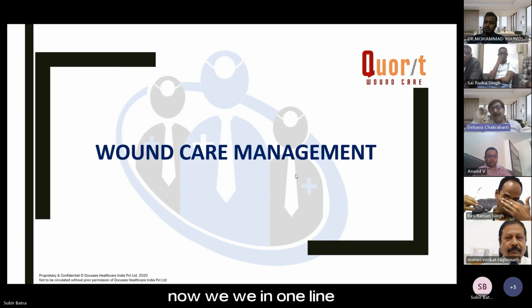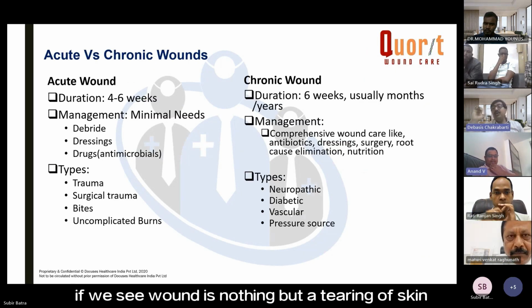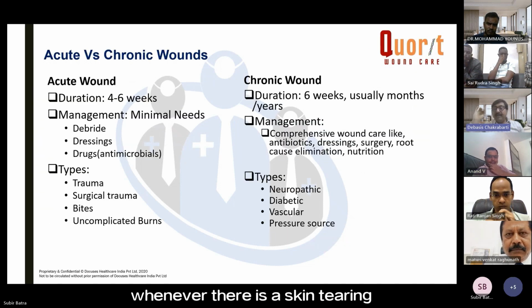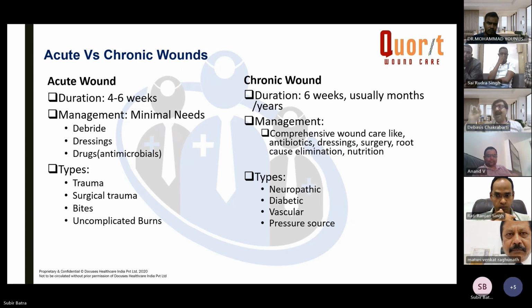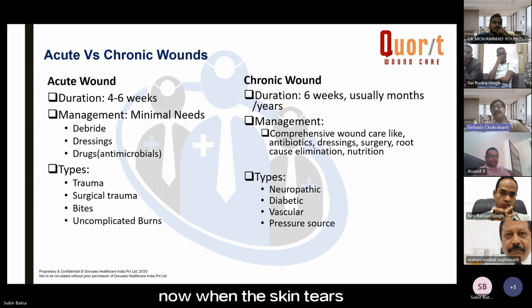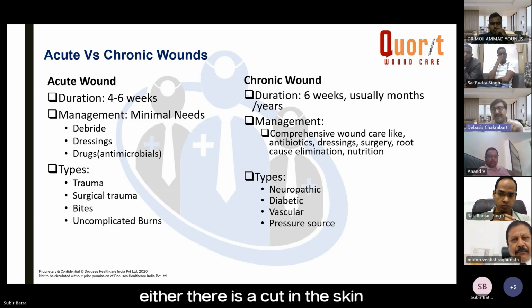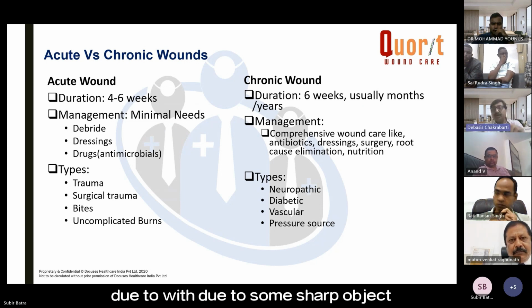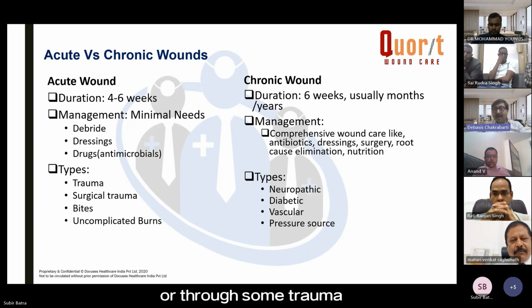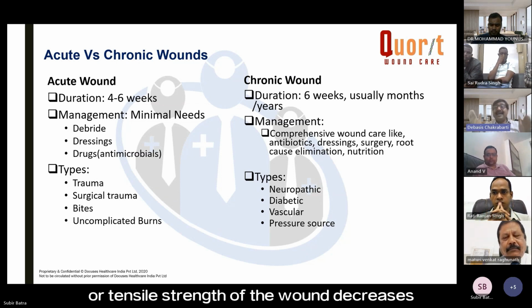Now in one line, wound is nothing but a tearing of skin. Whenever there is skin tearing, there is a wound. Now, when the skin tears, either there is a cut in the skin due to some sharp object, or some trauma, or the tensile strength of the skin decreases.